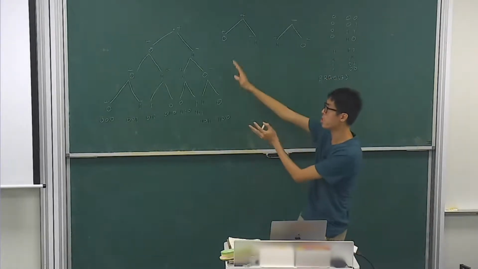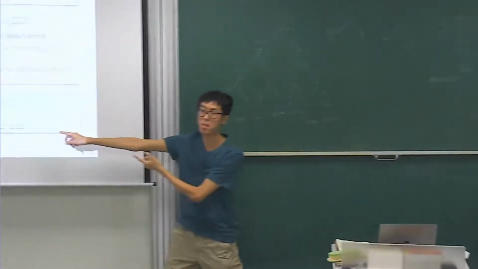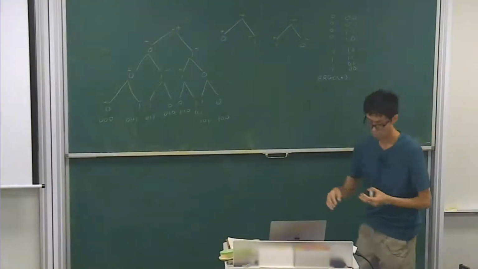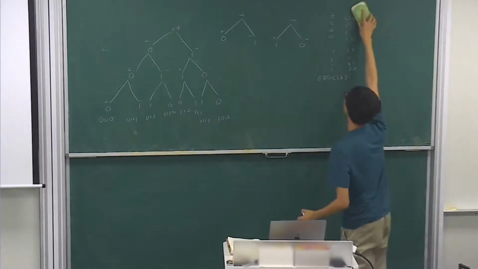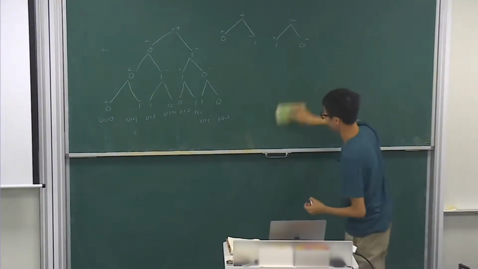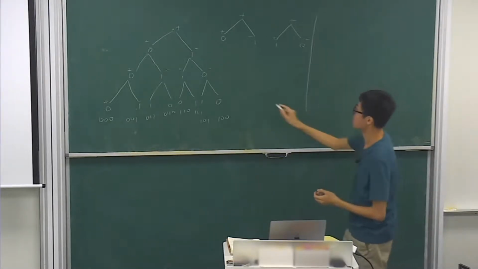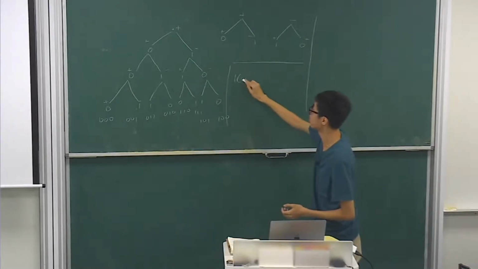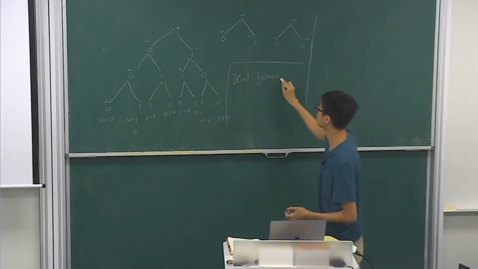Now we apply this same strategy to the increasing weak orders, but with a little modification. The set we are going to generate is the increasing weak order, which is something like this: 0, 0, 0, 0.